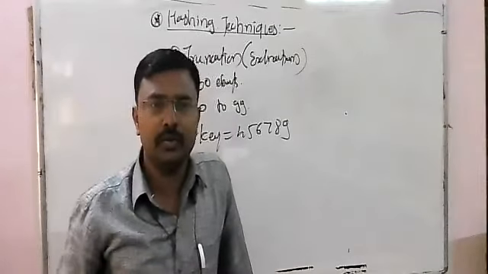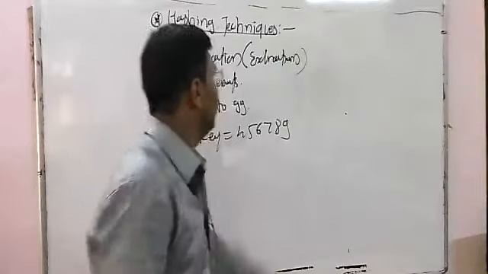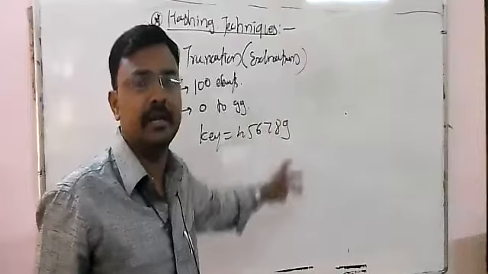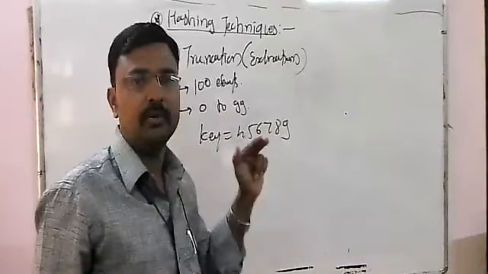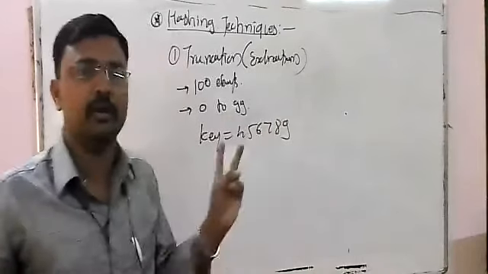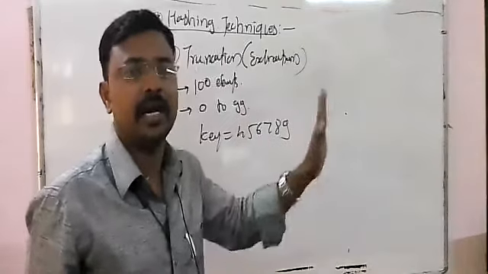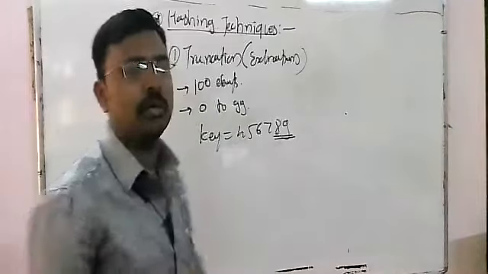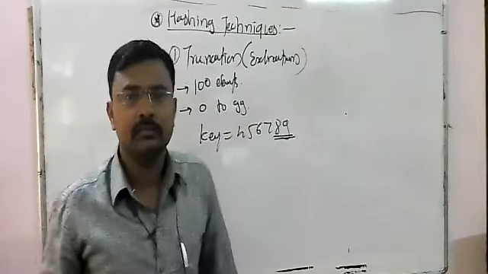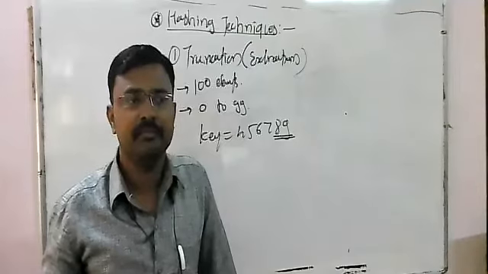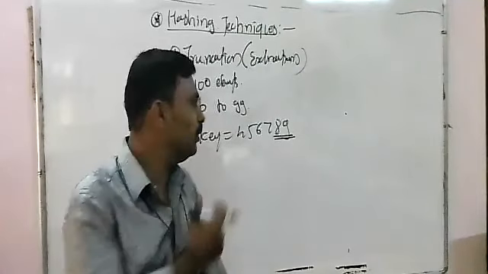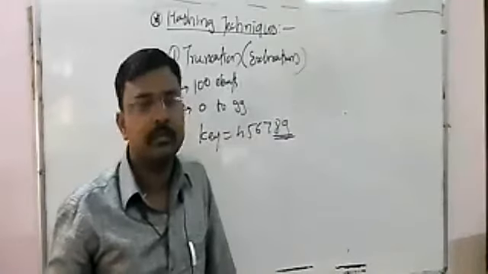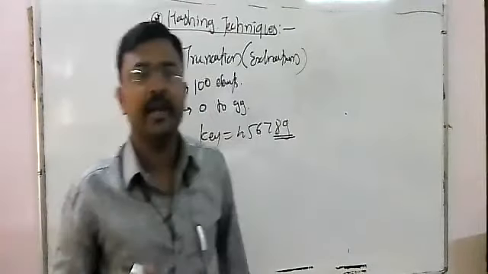In this technique, I'm going to extract two values from your key value, from the rightmost. What is that value? 8 and 9, which means 89.